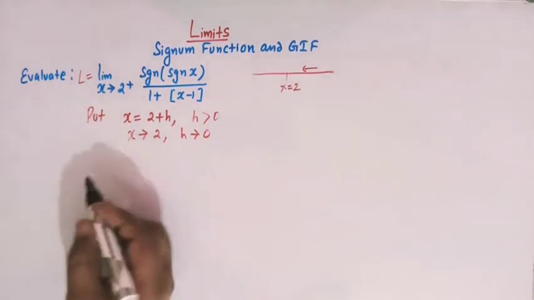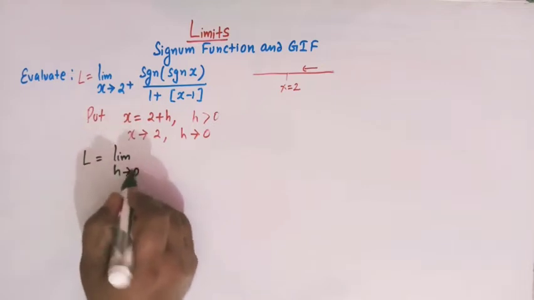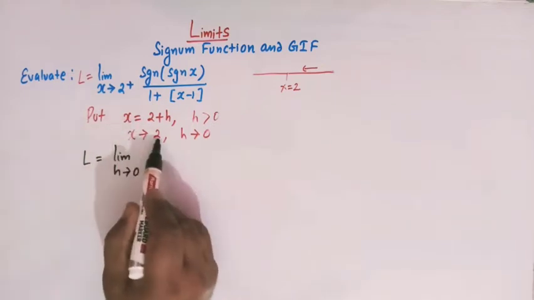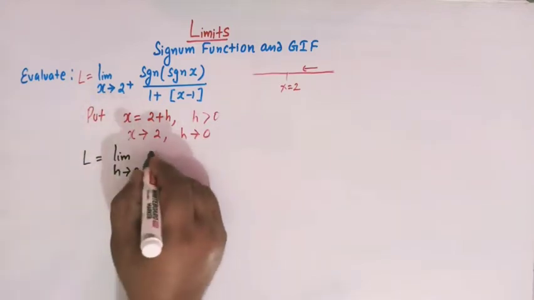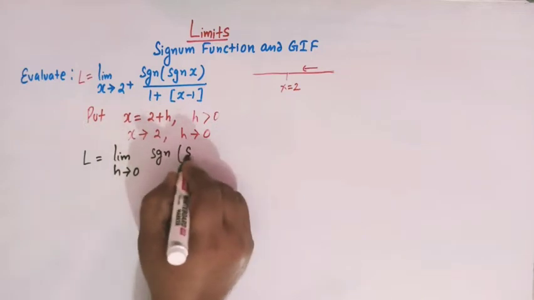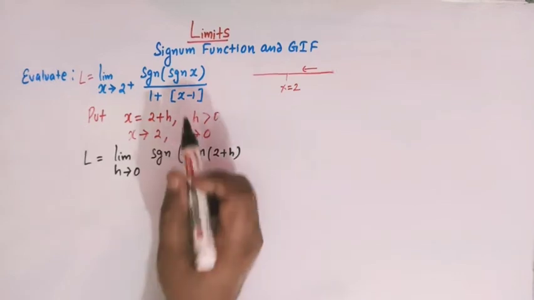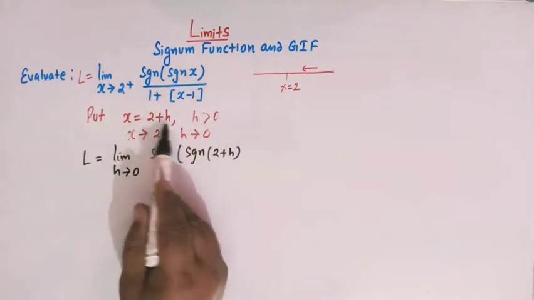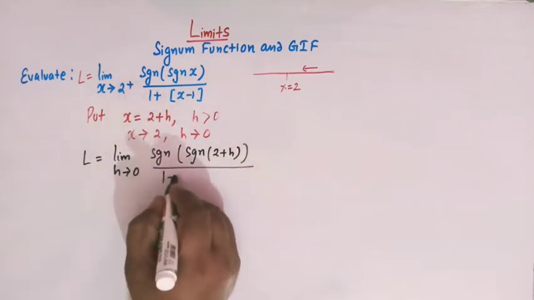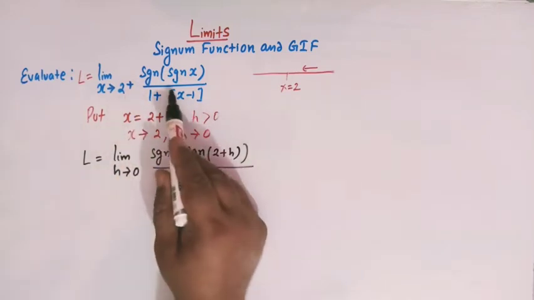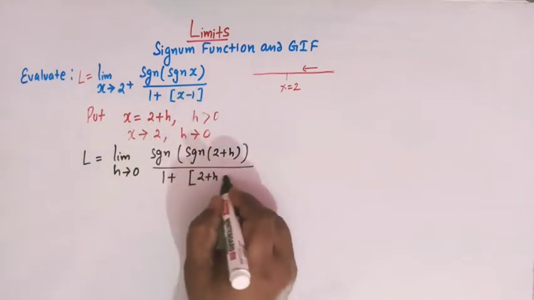So now this limit L can be written as limit h tends to 0, because when x tends to 2, h tends to 0. So we have limit h tends to 0, signum of 2 plus h, because we replace x by 2 plus h. And in the denominator we have 1 plus greatest integer of x minus 1, so x is 2 plus h minus 1.